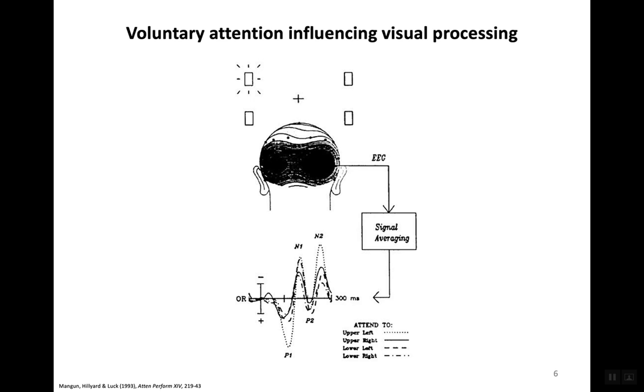When they started this direction of research in the 90s, they looked at attention using extremely simple designs to simplify the reasoning and also the interpretation of their data. So in one such study published in 93, what they did was ask participants to look at a screen that contained simple visual stimuli that happened to flicker.